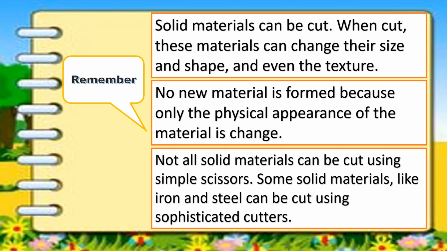No new material is formed because only the physical appearance of the material is changed. Not all solid materials can be cut using simple scissors. Some solid materials like iron and steel can be cut using sophisticated cutters.